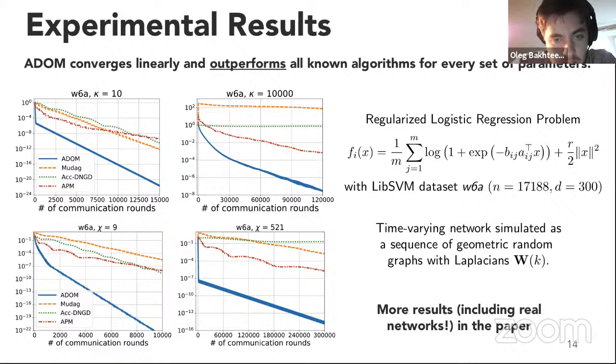Great plots, but I have a question about the top left first plot and the bottom right. Why is there some break in the ADOM performance at a small number of communication rounds? I mean, there is some piecewise linear function that can be seen there.